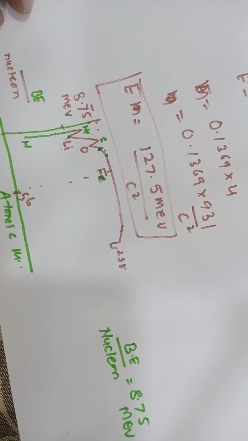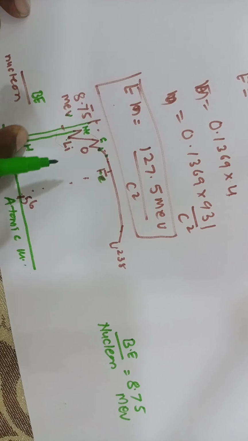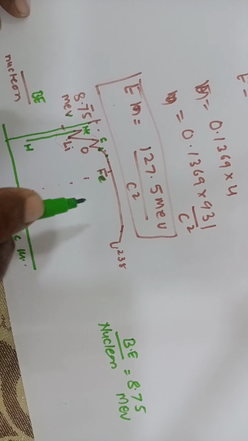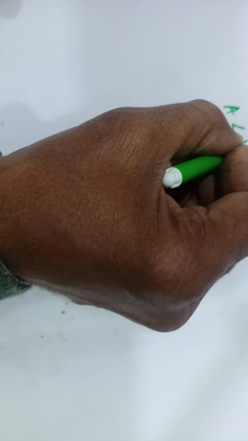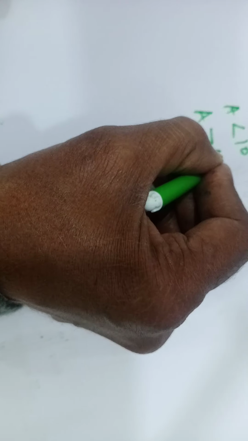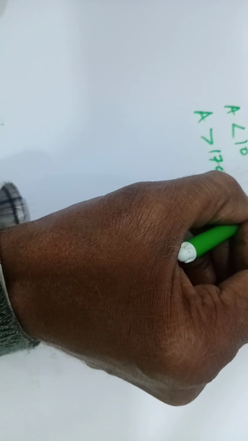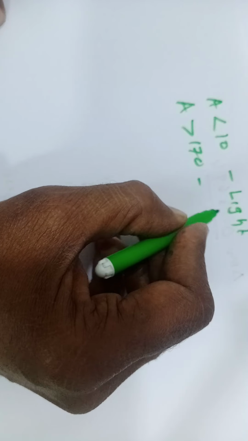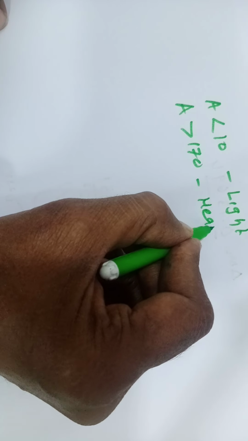This curve represents that the binding energy is lower for both light nuclei and heavier nuclei. Here we have light nuclei and here we have heavier nuclei. Light nuclei means the mass number A is less than 10, and heavy means A is greater than 170. So both are unstable.